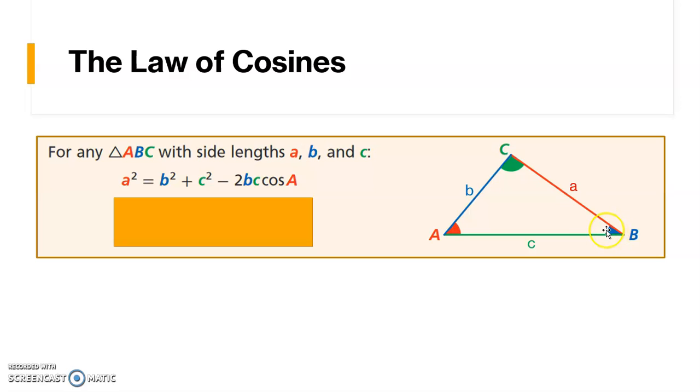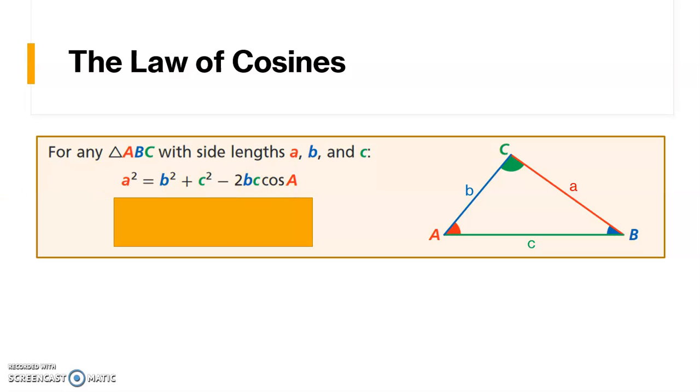So if they gave me angle B, I would do b squared equals a squared plus c squared minus 2ac times the cosine of B. Okay, so once you know one of these, and you just remember that this is the side across from this angle, you don't necessarily need to label the A's, B's, and C's as they are in the picture. It's just that this side is across from the angle.